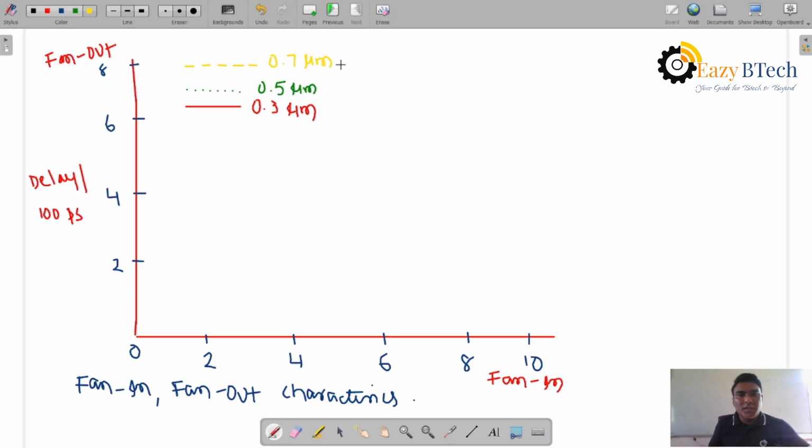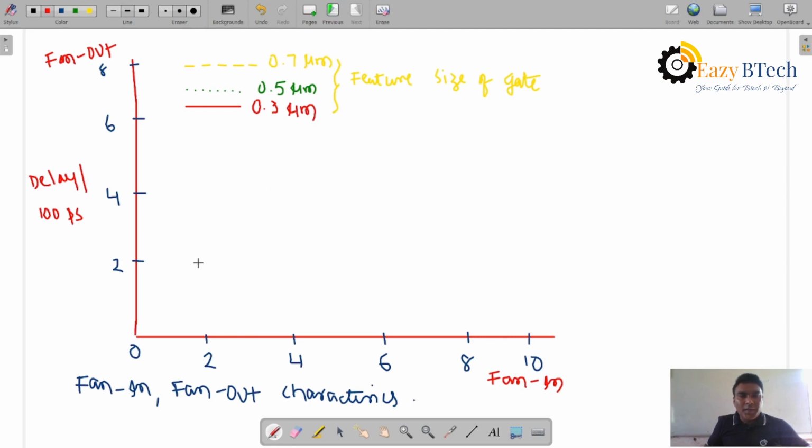These are the feature size of the gate, length and width. So what happens, as the fan in changes, fan out increases.